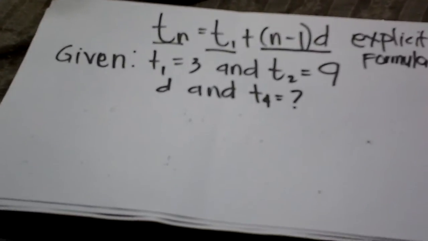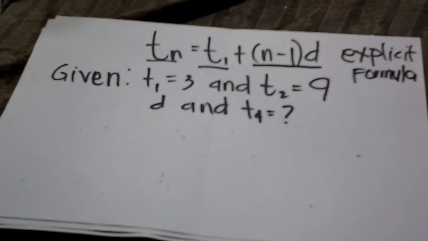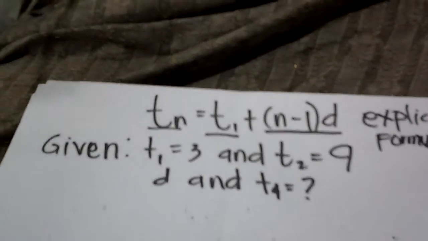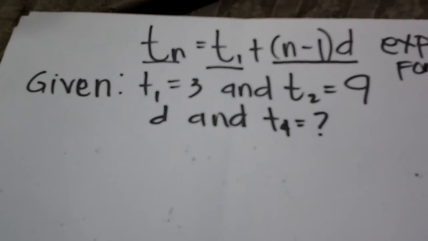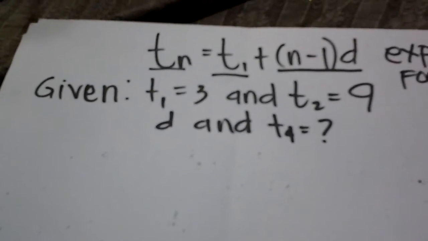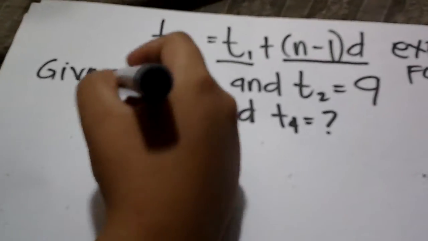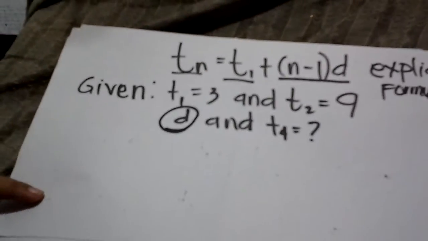Let's apply this. Given t sub 1 is equal to 3 and t sub 2 is equal to 9, determine d and t sub 4.